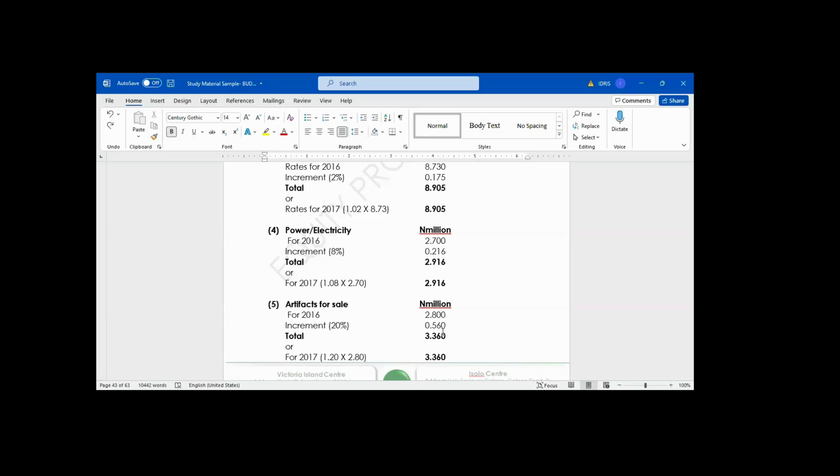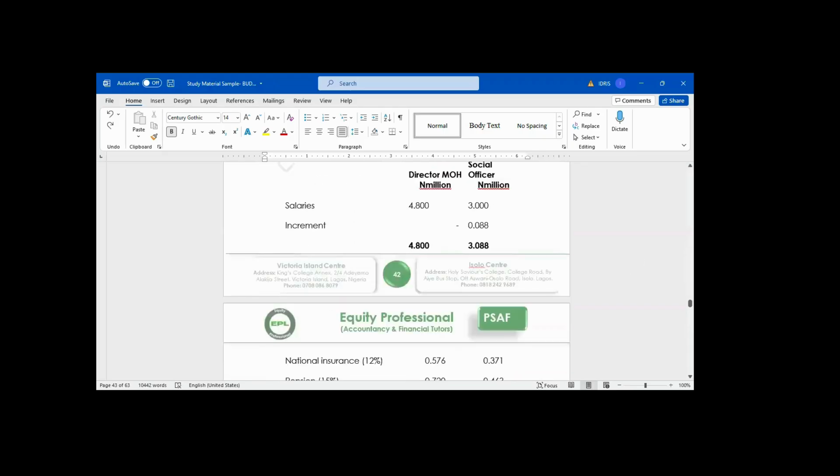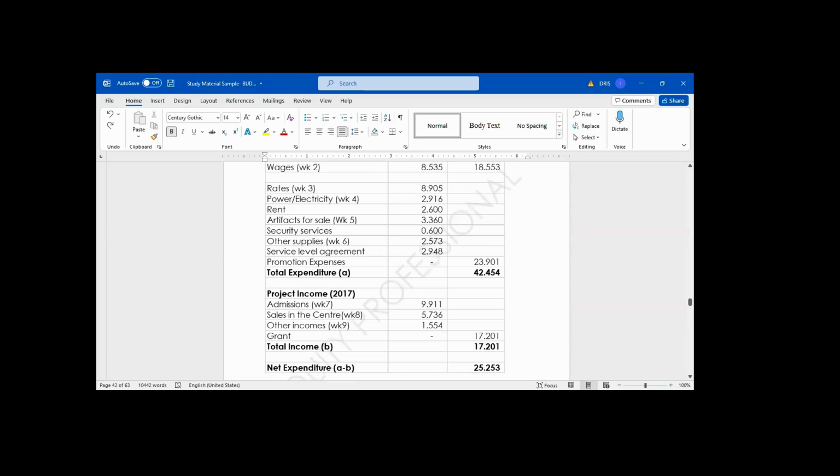Do we understand? Yes, sir. So we get that 3.36. We can see it in the solution, 3.36.